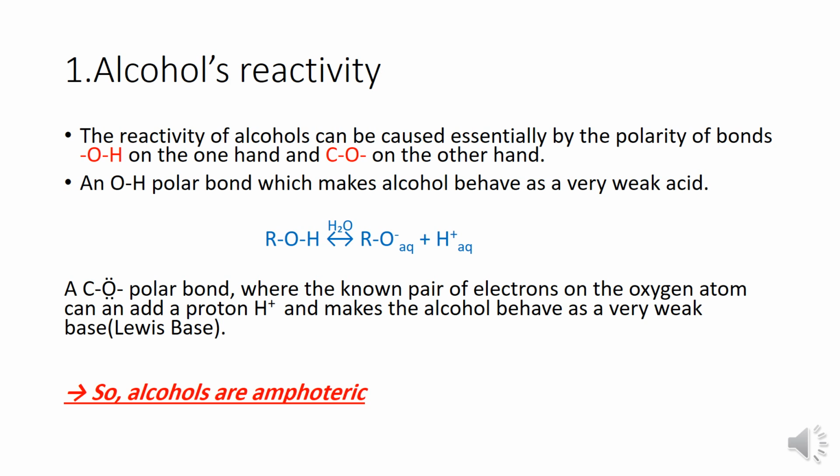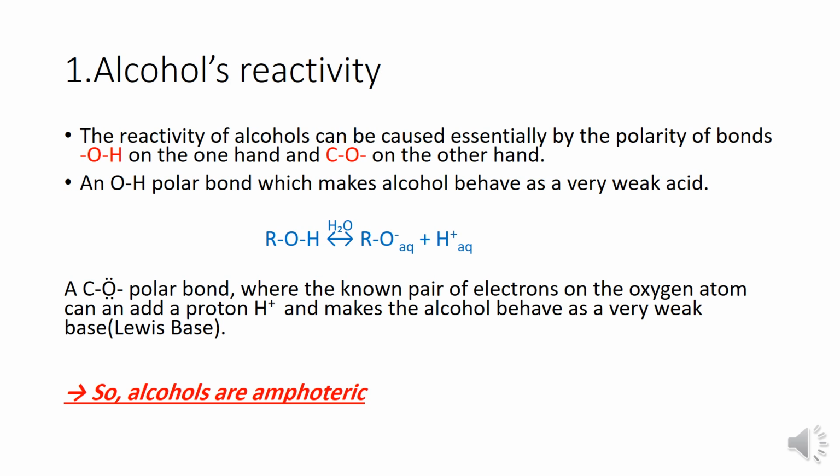In ROH, the O is partially negative and the hydrogen is partially positive. The alcohol has the ability to donate the H+ and it becomes RO- plus H+. So we call it a Bronsted acid.